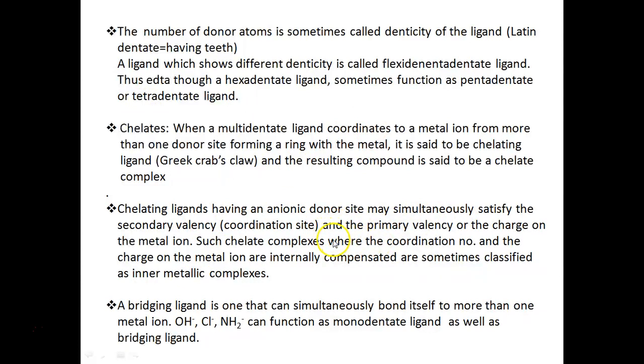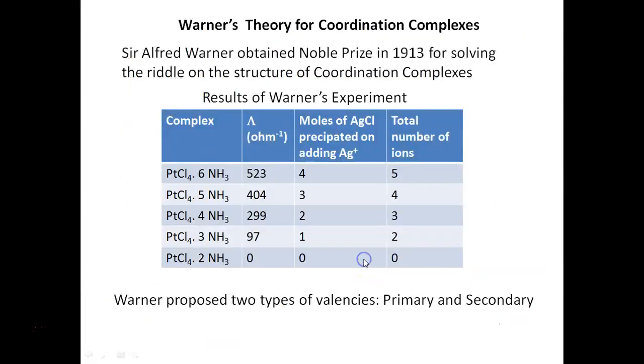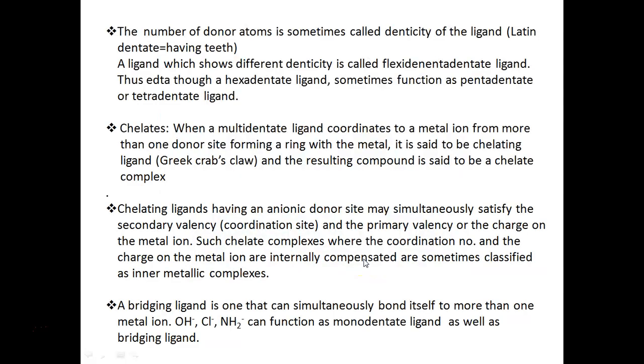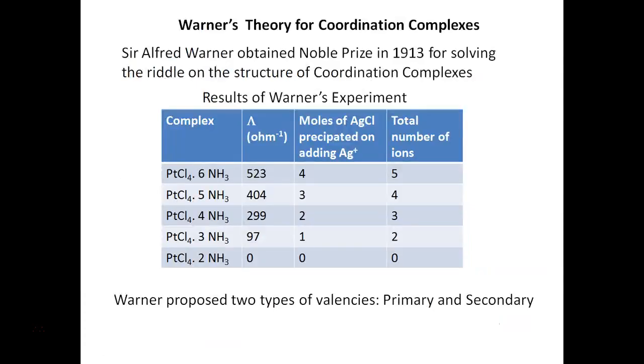We are going to discuss the secondary and primary valency in the next few slides on Werner's coordination theory. Now, there is another type of ligand known as a bridging ligand, which contains more than one lone pair of electrons and simultaneously donates them to more than one metal ion.